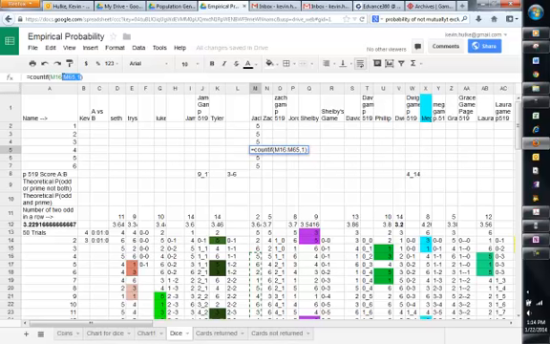And 13 to 62, and we want to count the number of 4s. And 13 to 62, we want to count the number of 5s. And 13 to 62, we want to count the number of 6s.